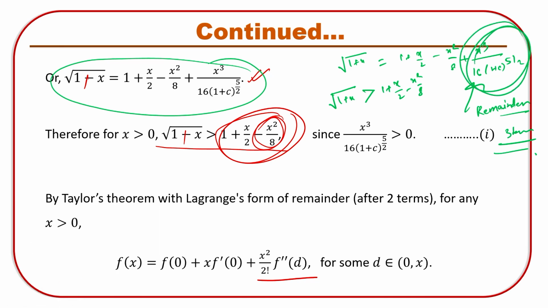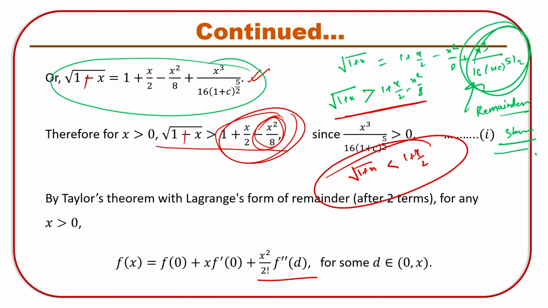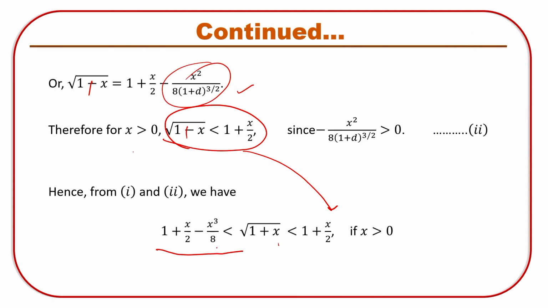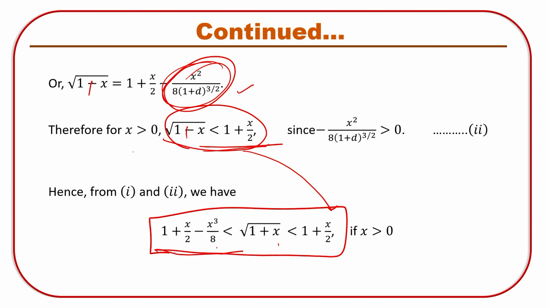Similarly, the square root of 1 plus x is less than 1 plus x by 2, which we did by taking only 2 terms and getting one remainder term. So, it is always greater than this, and hence this inequality holds.